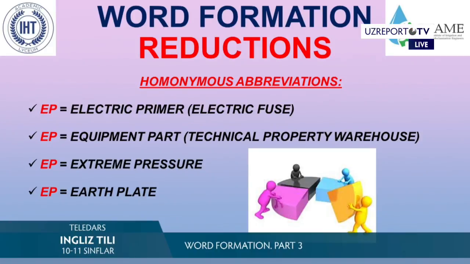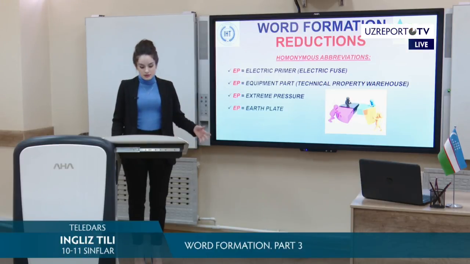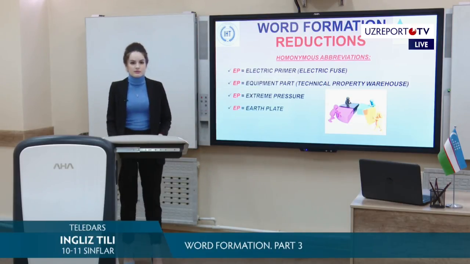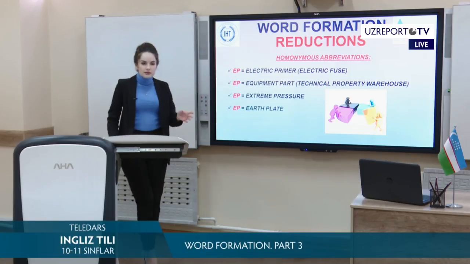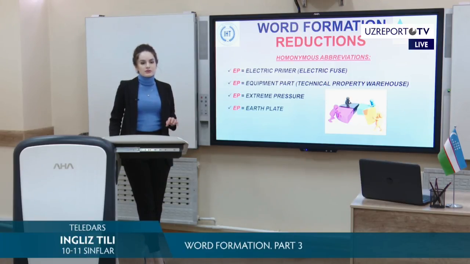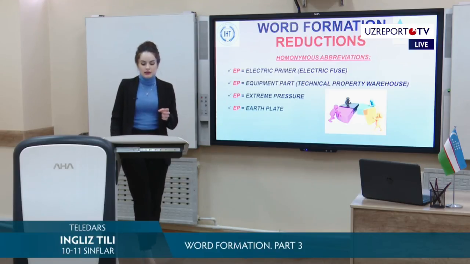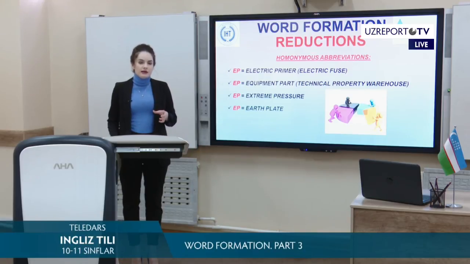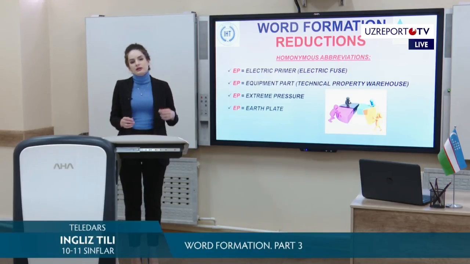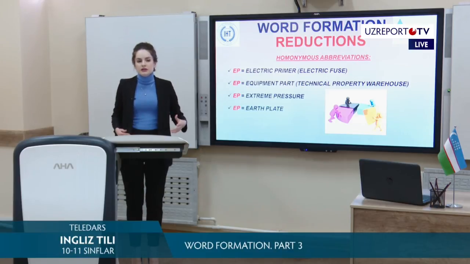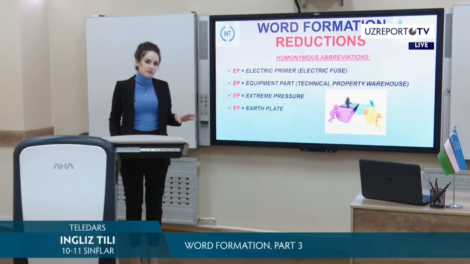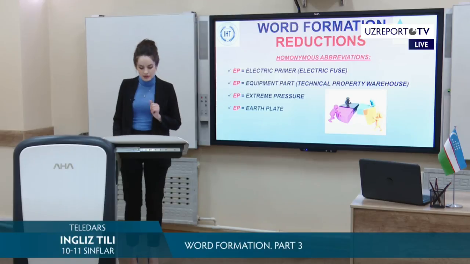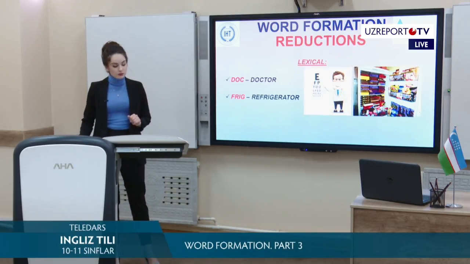Next one, extreme pressure. It may also be used in some particular professional area. And earth plate. It's also from geography. That's why if you pronounce or fix some reduction, like a homonymous abbreviation, an abbreviation which may have a lot of meanings, you should understand: will it be understandable for all the people or not? Please fix this moment in your mind.